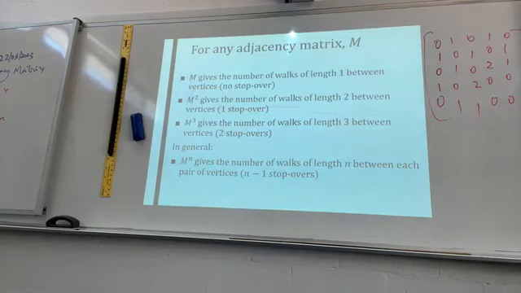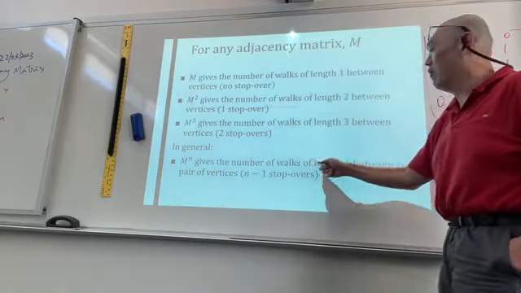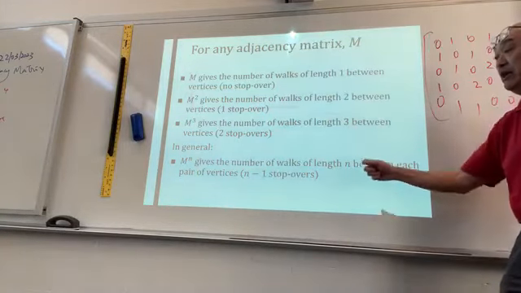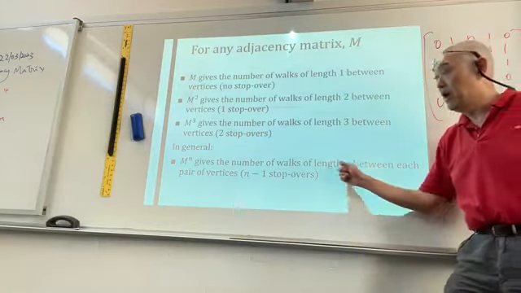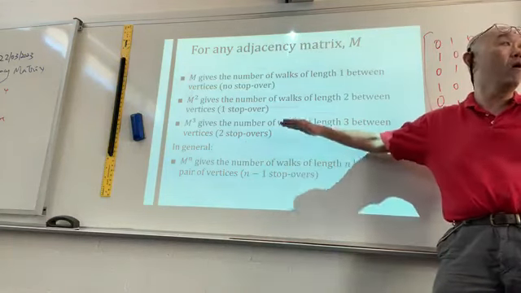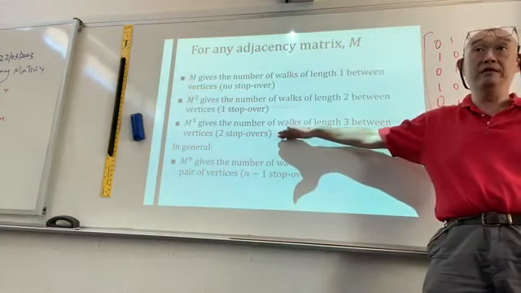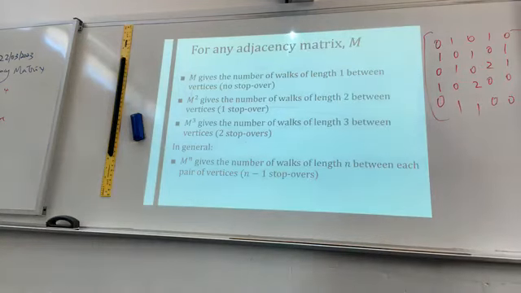So what you need to realize is that N to the power of n will give the number of walks of length n between each pair of vertices, or number of edges used, and n minus 1 stopovers. I've seen questions with stopovers, questions with number of edges, questions with length of walk.